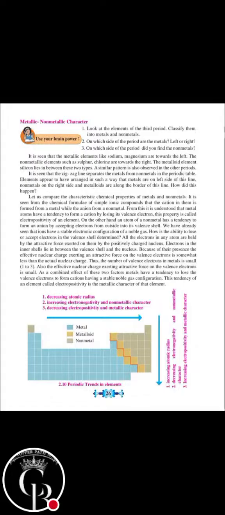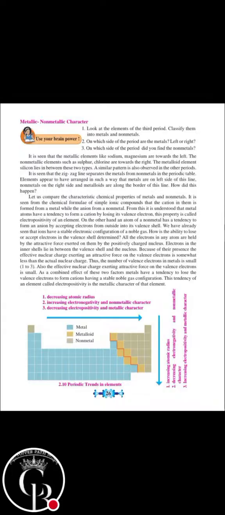A zigzag line separates the metals from the non-metals in the periodic table. Elements are arranged in such a way that metals are on the left side of this line, non-metals on the right side, and metalloids are along the border of the line.